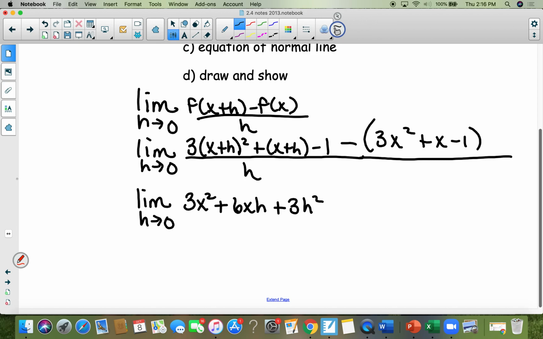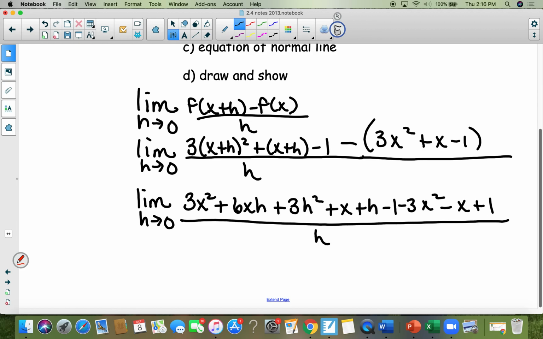Last year they were yelling at me, how'd you get 3x squared to 6xh plus 3h squared? Plus x plus h minus 1 minus 3x squared minus x plus 1 all over h.